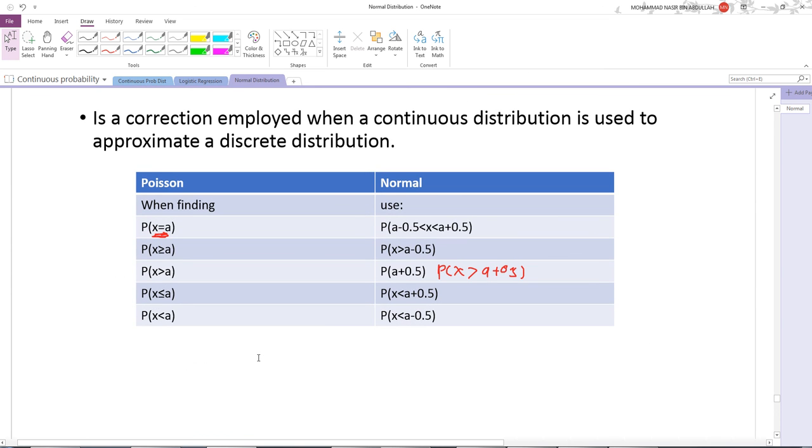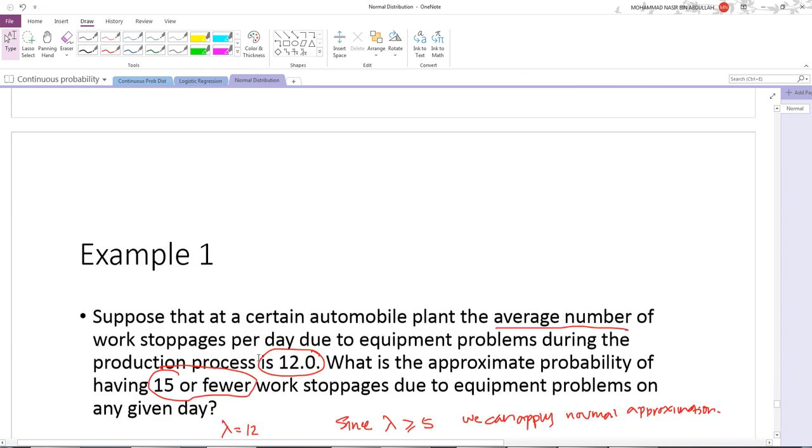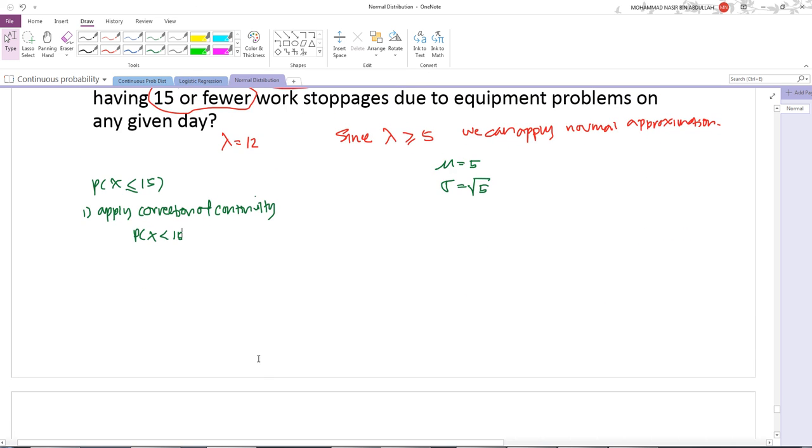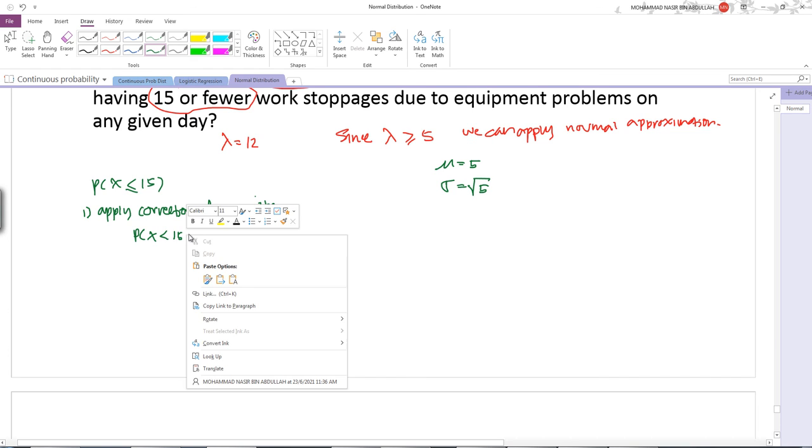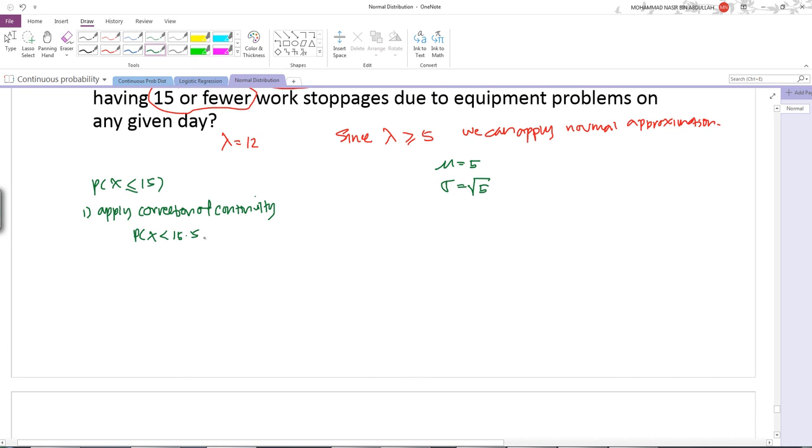Is it minus, sir? You need to screenshot this one. It's a plus 0.5. So it should be 15.5.